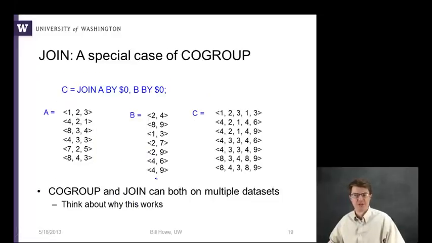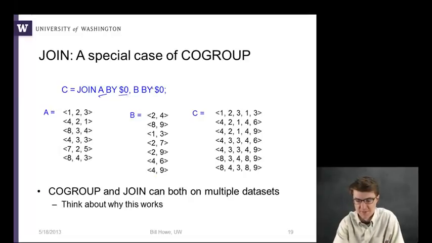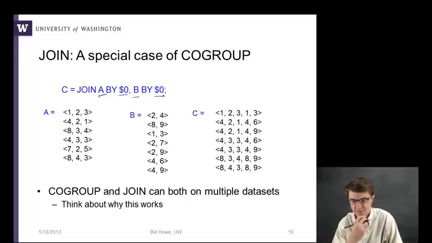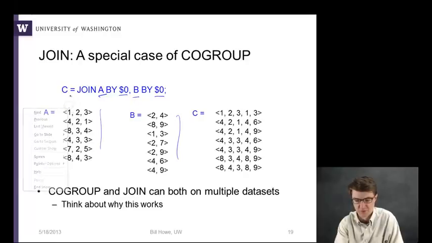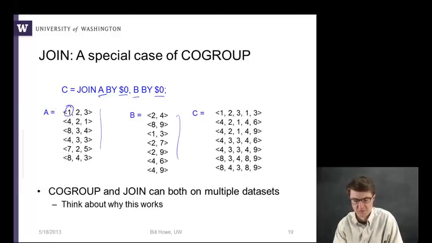I want to come back to cogroup in a second, but first let's talk about another operator which is just called join, and so it does exactly what you'd expect. So join, you say join A by some set of field references and B by some other set of field references. Okay, and given A and given B, the result will be what we've talked about in the past, which is you look for the first position of A, $0, and find all the corresponding first positions of B. So here's 1 and 1.